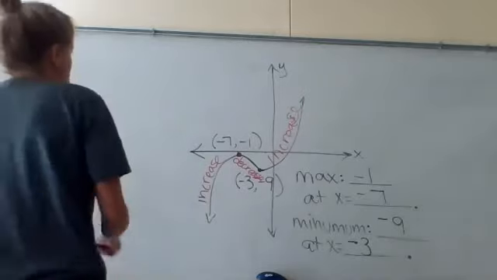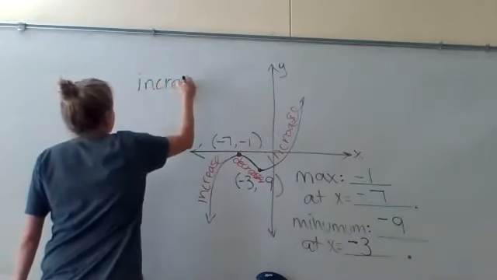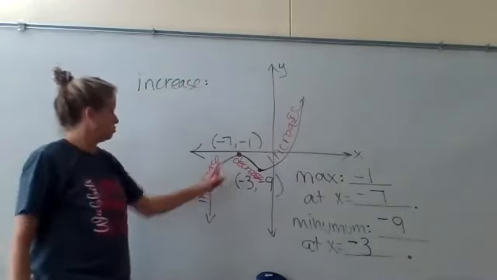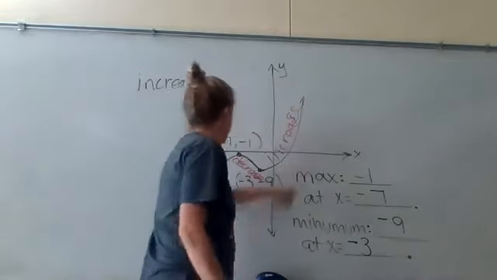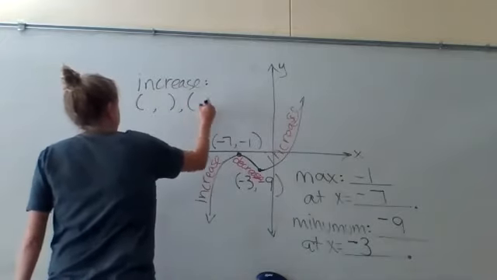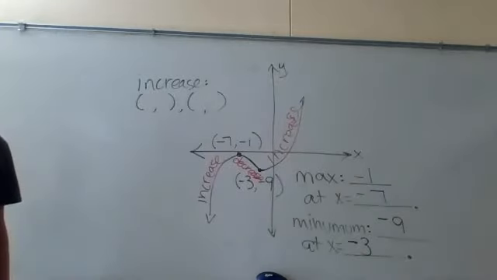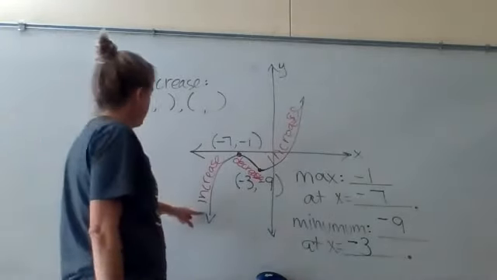So the first thing it's going to ask you is, where is the function increasing? So let's see, it's increasing in 2 spots. It's increasing here, then it goes down, but then it's increasing again here. So I've got 2 intervals where it's increasing.